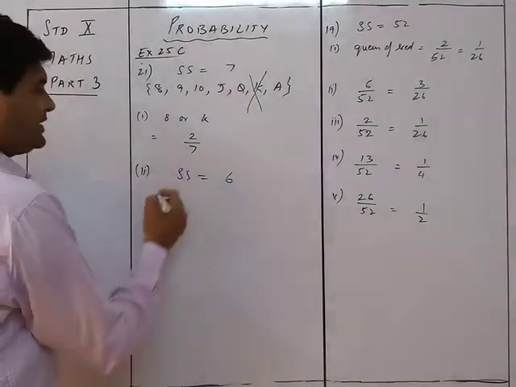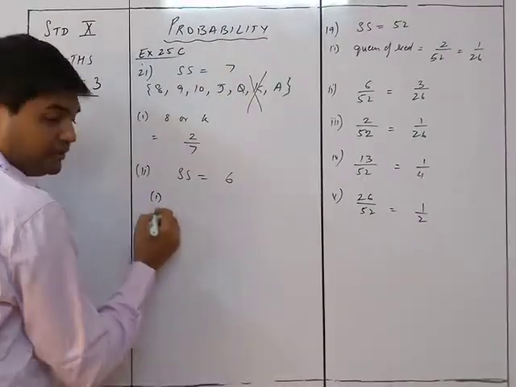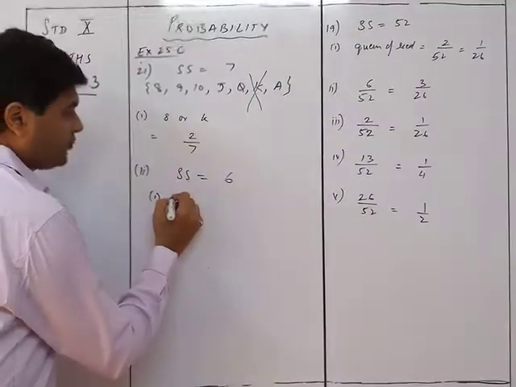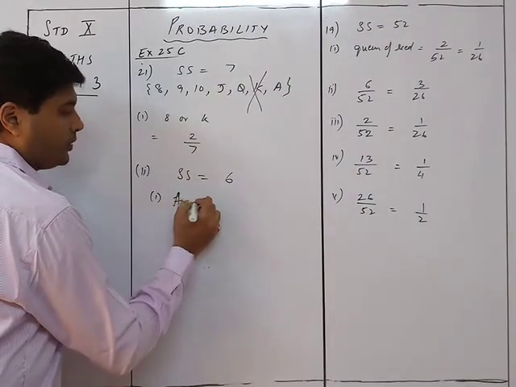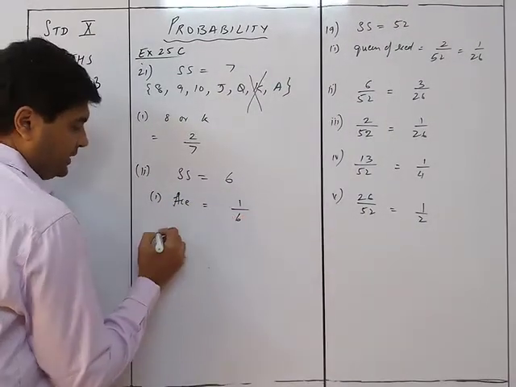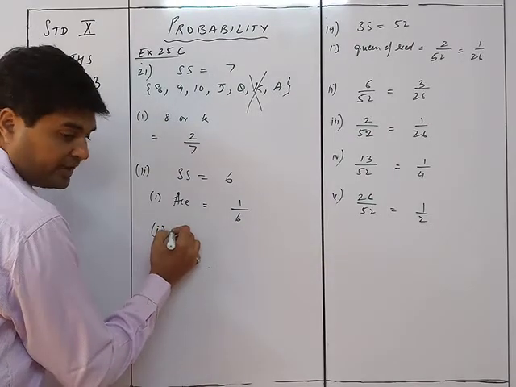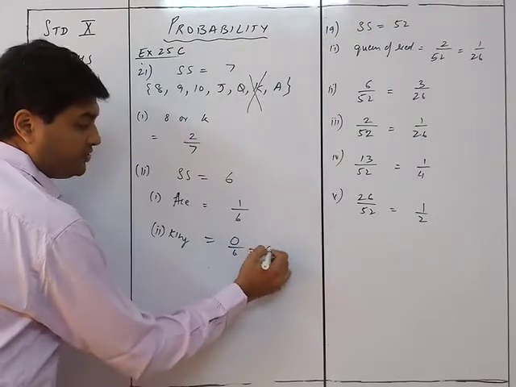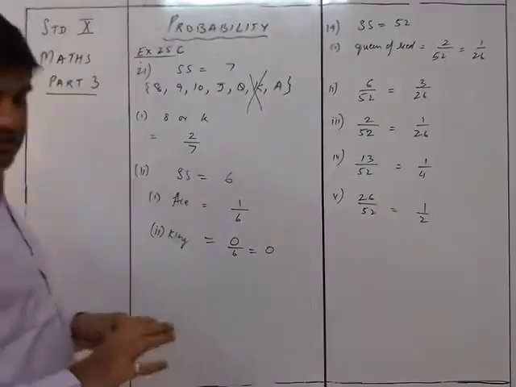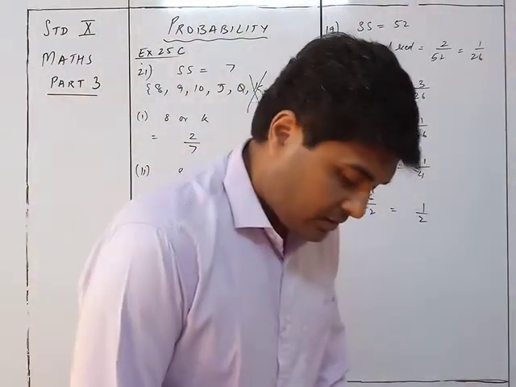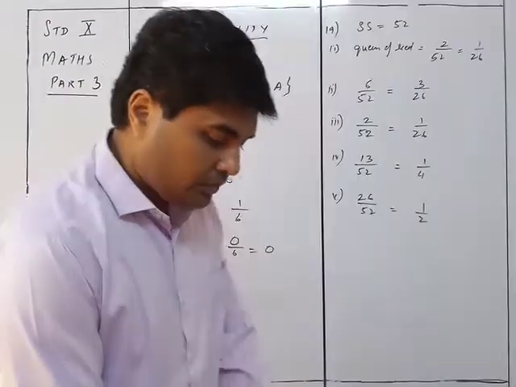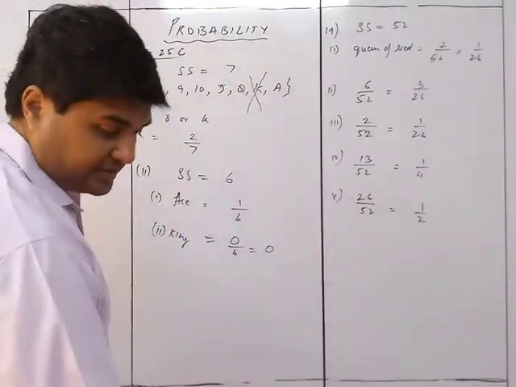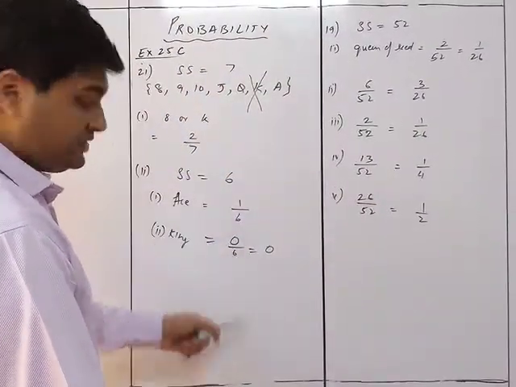In this case, the first option is to get an ace. For an ace, we know it is 1 upon 6. And secondly, for a king, the king is already drawn out, so it will be 0 upon 6, it will be 0. So this will be the answer for sum number 21: 2 upon 7, 1 upon 6 and 0.